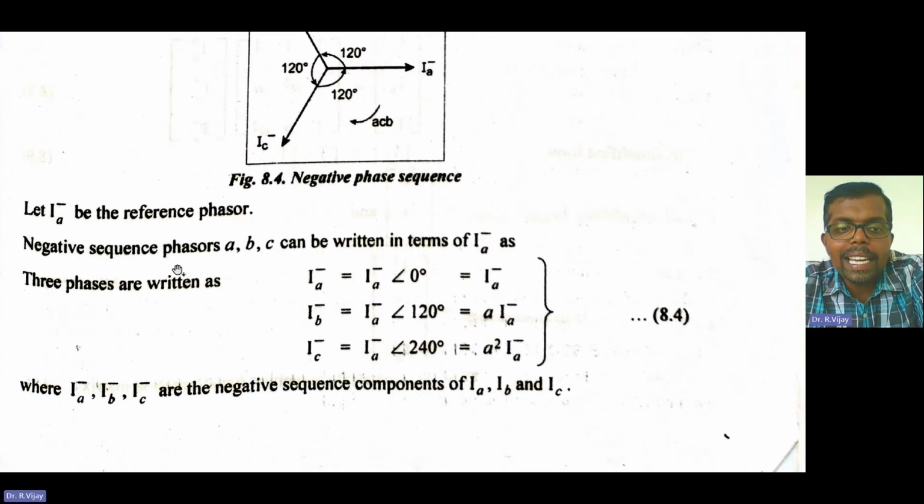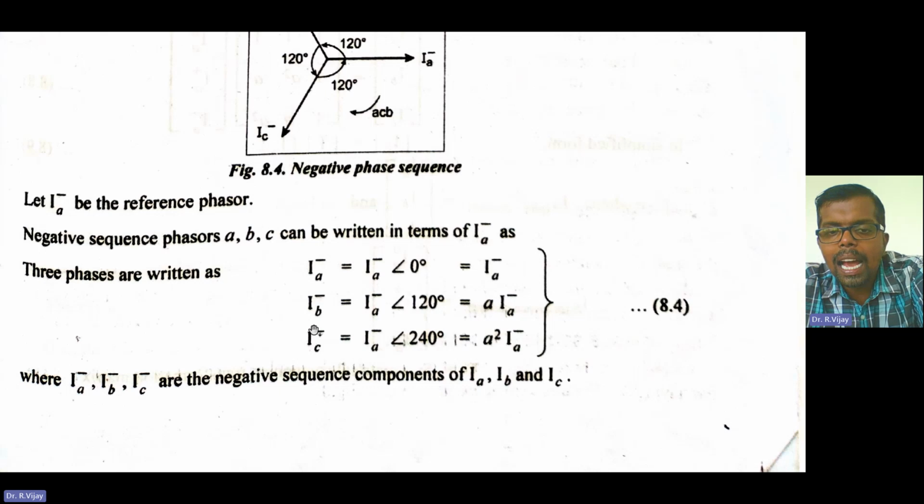Next, negative sequence phasors A, B, C can be rewritten in terms of IA negative, that is, three phases are written as IA negative is equal to IA negative at the angle of 0 degree. That is nothing but IA negative. That is 0 degree has no value. And here IB negative is equal to IA negative at the angle of 120 degree. That is nothing but A into IA negative. And next, IC negative is equal to IA negative at the angle of 240 degree.